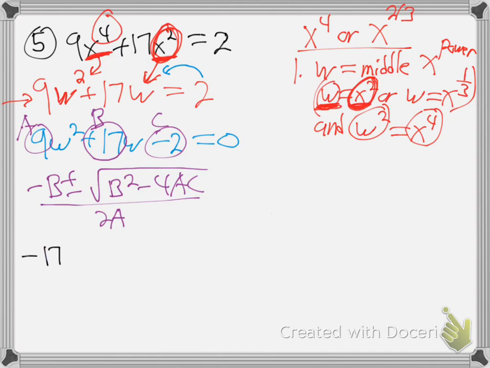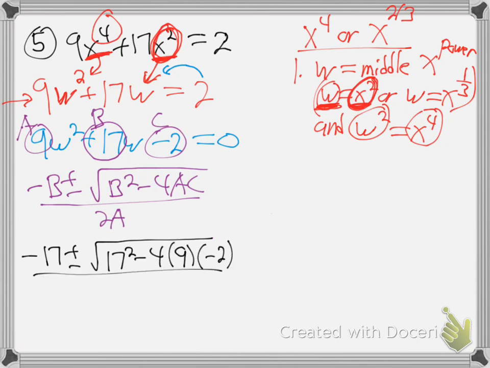Negative b, negative 17, plus or minus square root of b squared, minus 4 times a times c is negative 2 all over 2a. All right, what's that? So that's negative 17 plus or minus 17 squared, I believe, isn't that 289? Yeah, 289. Negative 4 times positive 9 times negative 2.